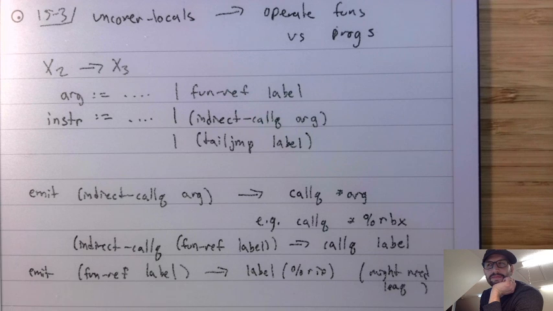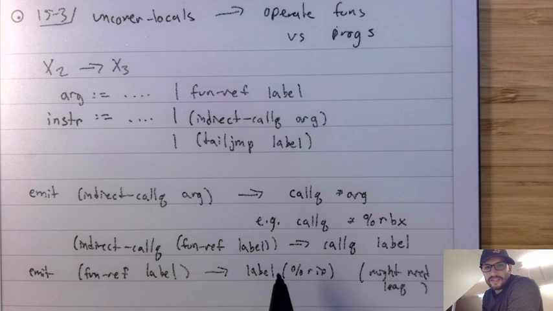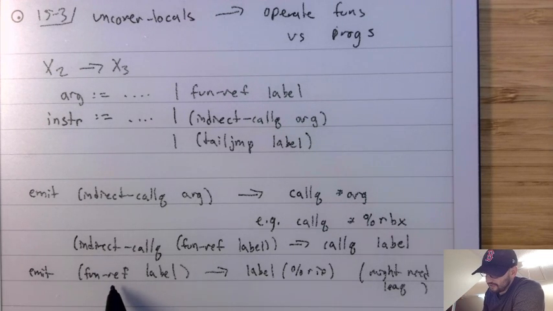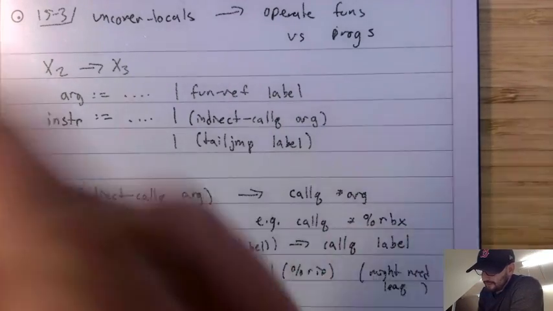I forget. You'll find it out, so put a note right here. You're going to start off emitting it like that, but you might find that the only time this thing is ever going to show up is in a movq. So you might need to detect the situation where you're movq-ing a function reference into something and actually turn that into a load effective address. I forget.